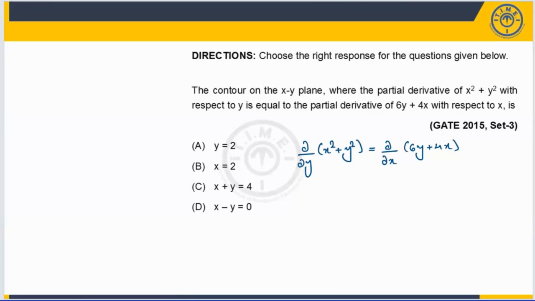Right? So what is the relation he is asking? Now, if I differentiate partially with respect to y, so this is 2y, and this one with respect to x, so that is 4. That implies y equal to 2. That's it.